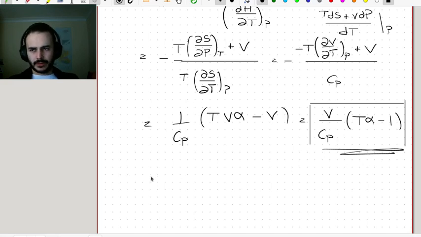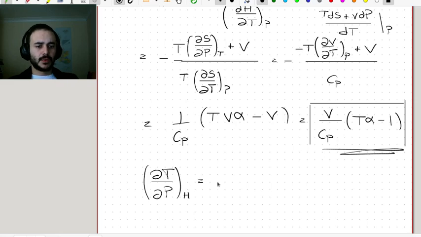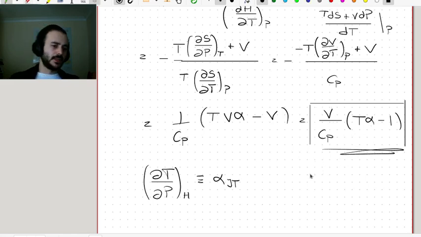So this derivative, once again, the partial derivative of temperature with respect to pressure at constant enthalpy, we are going to give a name. And this is, as you would expect, the Joule-Thomson coefficient of the gas, alpha JT, which is just written there: V divided by Cp times T alpha minus 1.